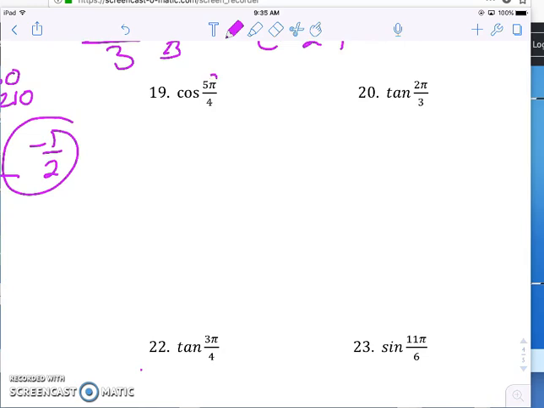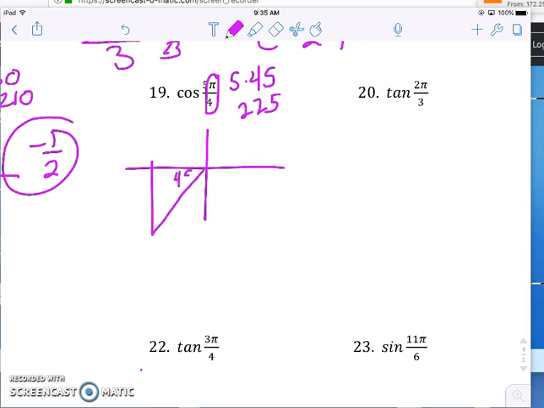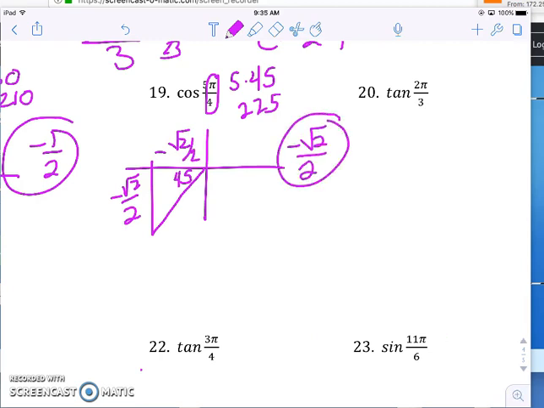Cosine of 5 pi over 4, so 5 times 45, so 225. 45, negative root 2 over 2, negative root 2 over 2. Cosine is x, so we have negative root 2 over 2.